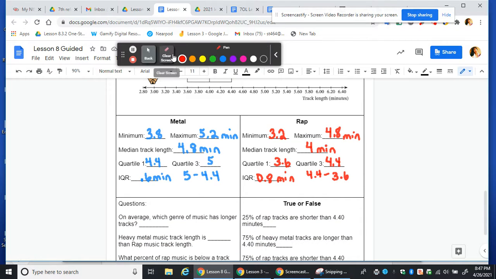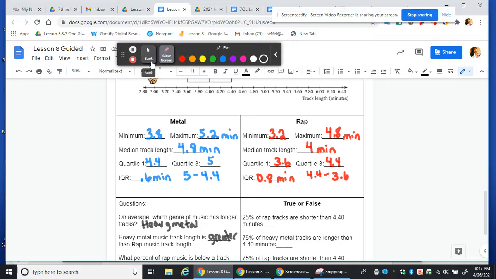So heavy metal track length is definitely greater than rap music track length. Heavy metal has longer tracks.